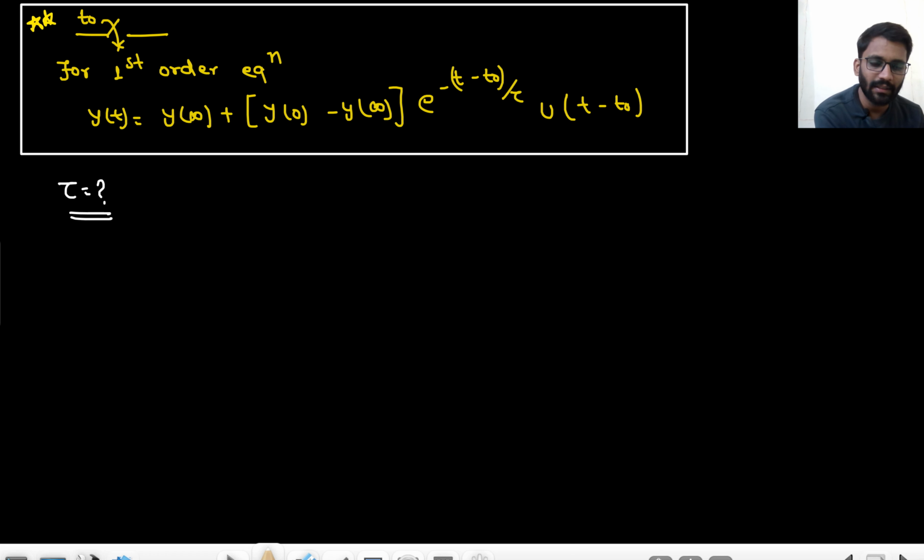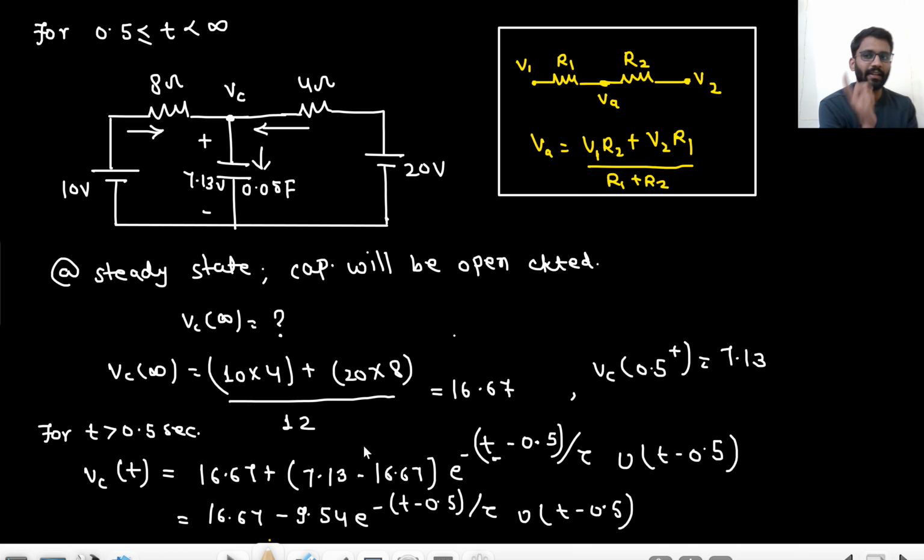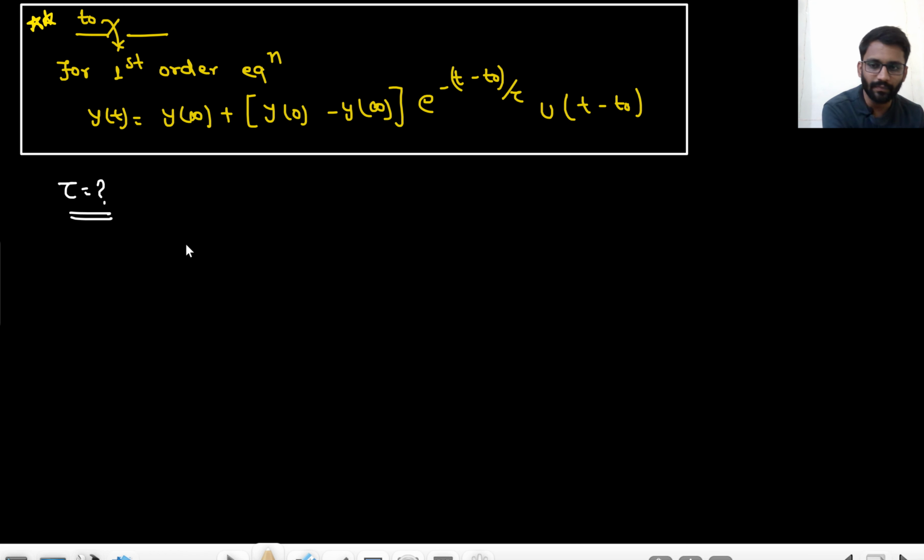This equation has been written for what condition? This condition. So we will consider the circuit for this condition only. We will short circuit the voltage sources and we only have a capacitor and two resistances. So the 8 ohm will come like this.